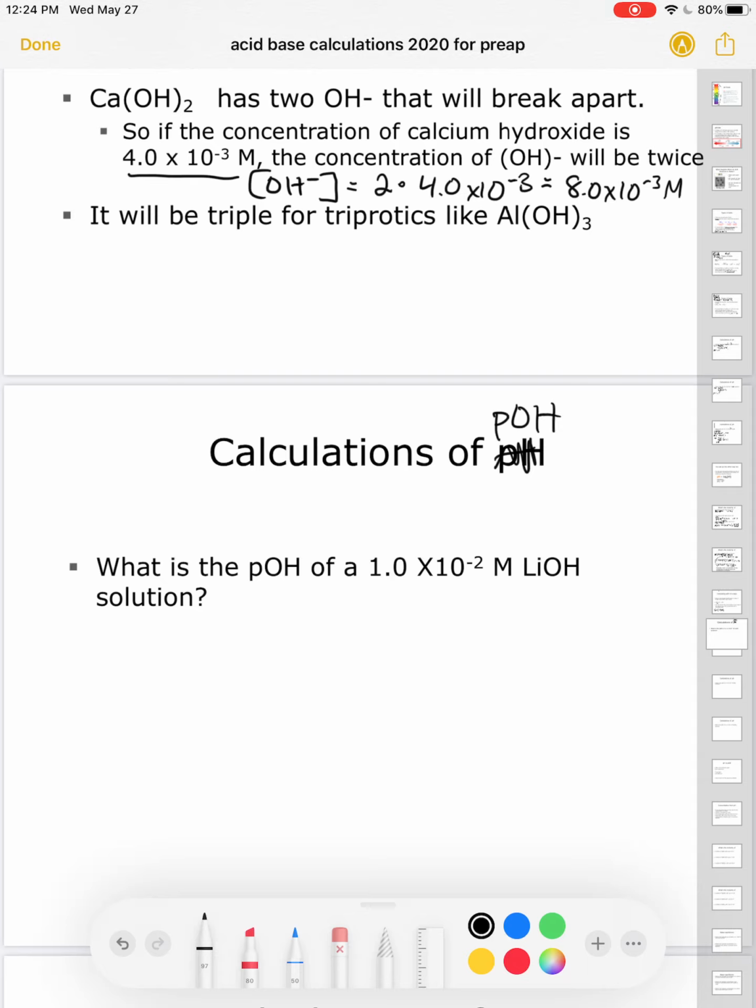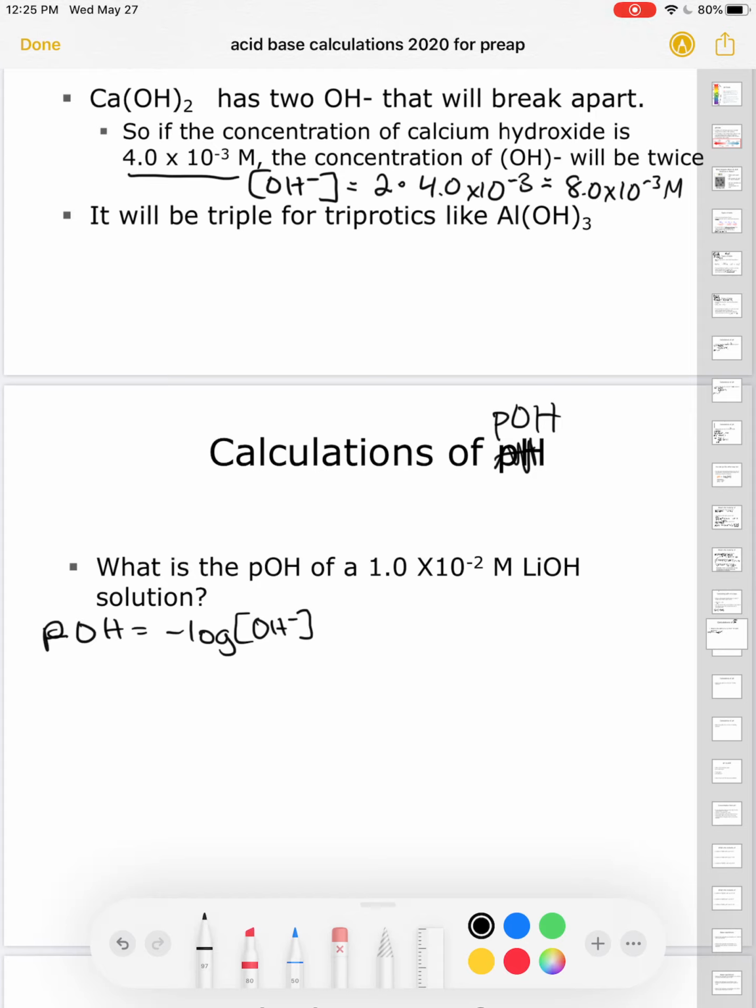Okay, what is the pOH of a 1.0 times 10 to the negative 2 molar lithium hydroxide solution? Okay, so our pOH is going to be the negative log of the OH minus concentration.